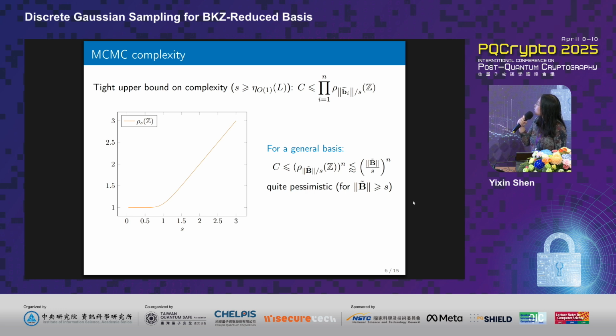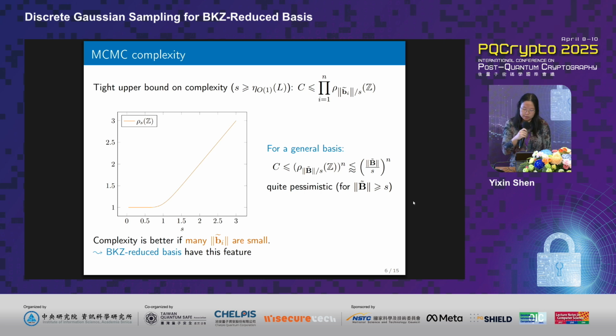And then each term is upper bounded by the norm of B tilde divided by S. So in total, this product can be upper bounded by the norm of B tilde divided by S to the power of n. This is quite pessimistic because imagine a situation where a lot of Bi tilde are small. Then this upper bound is not at all tight.